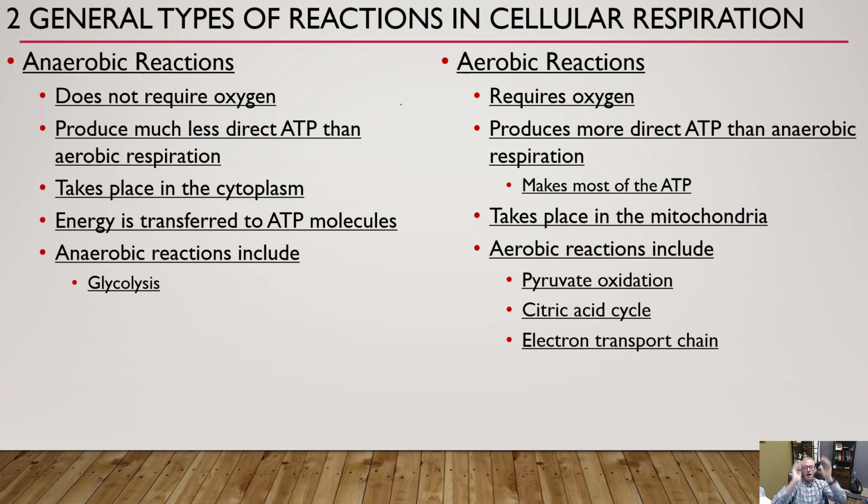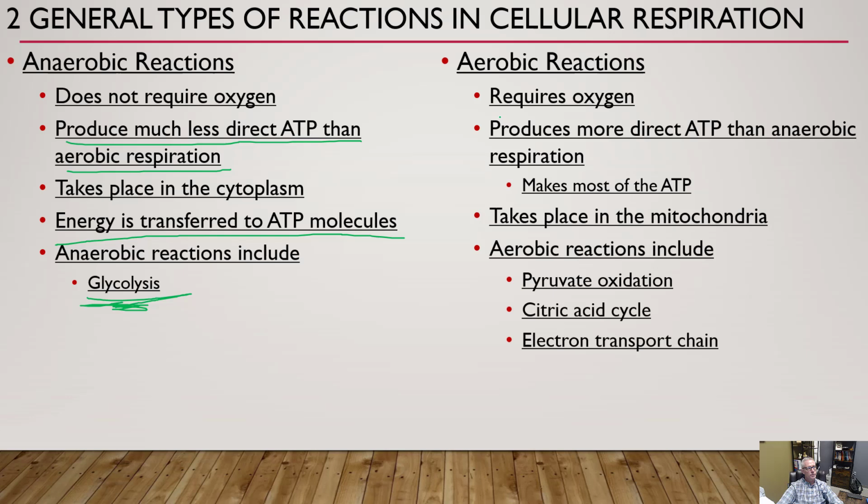Indirect ATP is I am producing something which will eventually lead to ATP. And we'll talk about that later on. Anaerobic reactions take place in the cytoplasm. Anaerobic reactions, glycolysis. Here, because it produces less direct ATP, that energy is going to be transferred to ATP molecules, which we'll talk about later on. That's the electron transport chain.